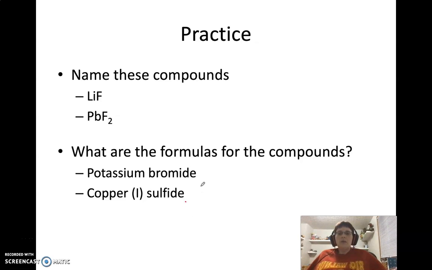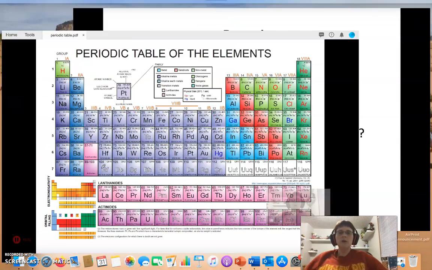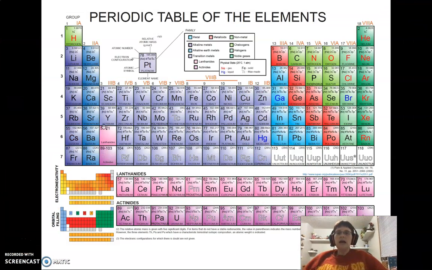The first step for working on these is always to find the atomic symbols and also to find what the charges are. I'll do the first one with you and then you can work on the second one. Potassium is K, and it is in group 1.